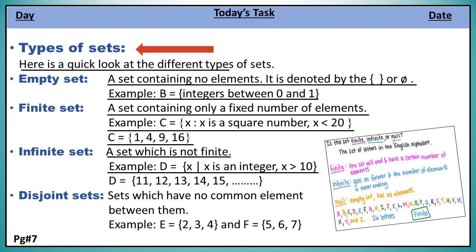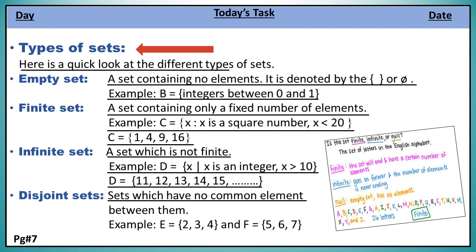They are asking the numbers greater than 10. So the numbers greater than 10 are 11, 12, 13, 14, 15 and so on. Dear students, this is the example of infinite set because हमारे पास numbers greater than 10 कभी भी खत्म नहीं हो सकते.